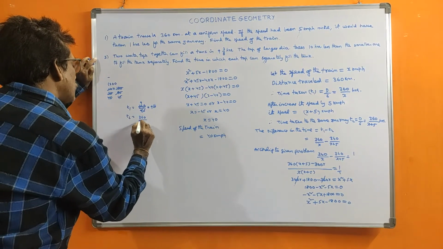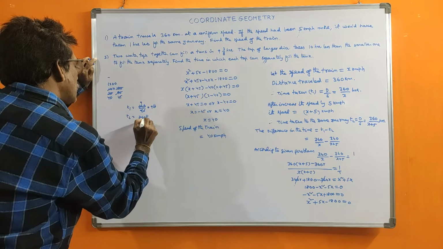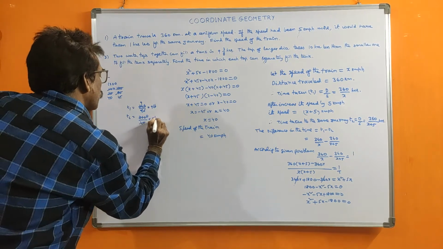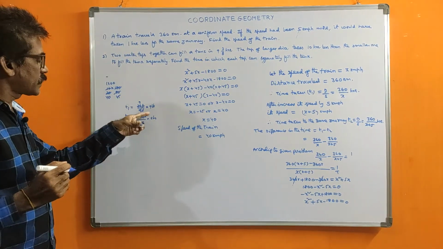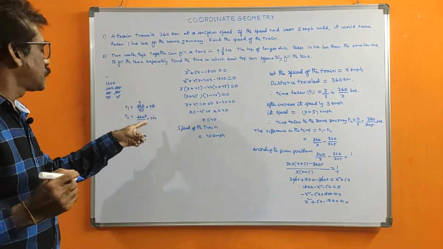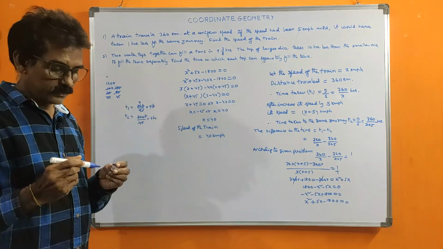So now it is 8 hours. Now see, the difference is 1 hour. So the second time is 1 hour less because the speed increased.